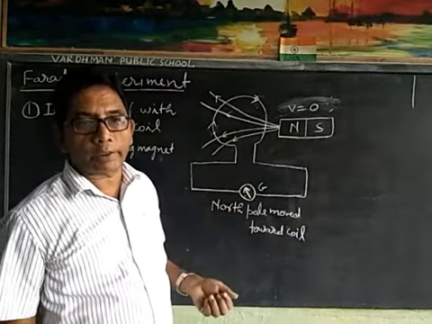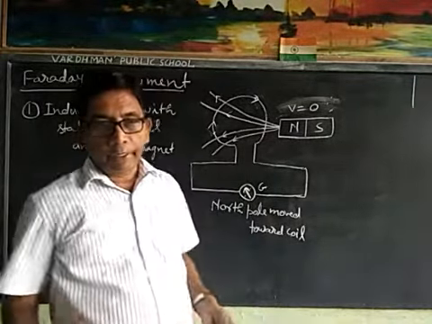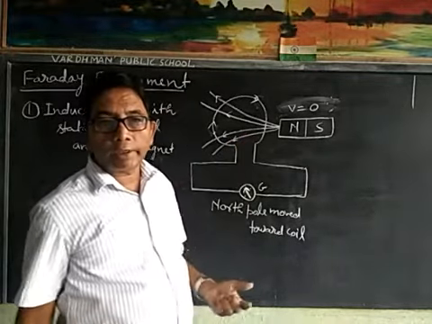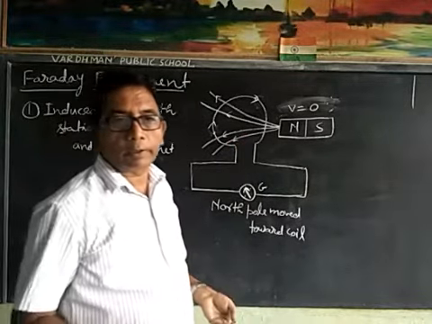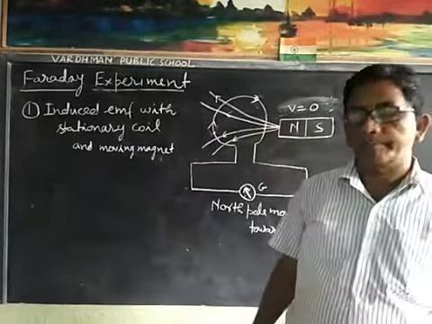And in the fourth case, when the magnet is held stationary anywhere or inside the coil, there is no deflection in the galvanometer. That is, the galvanometer does not show any deflection.